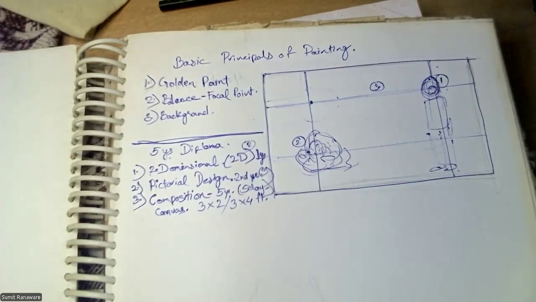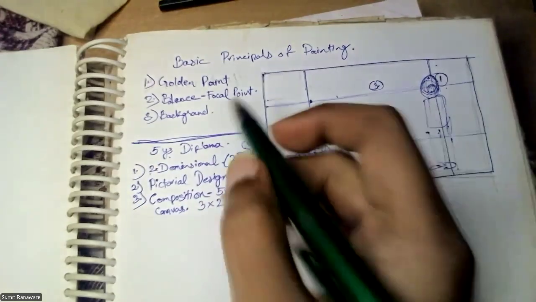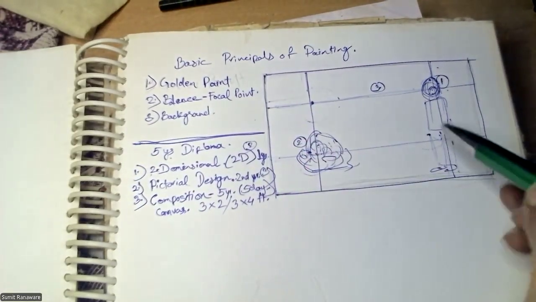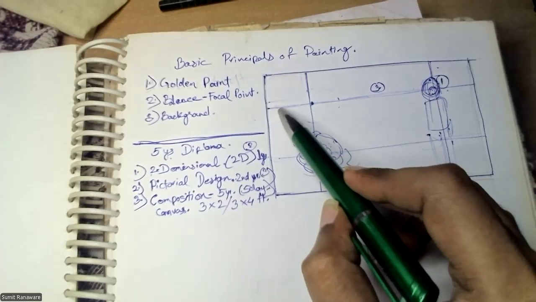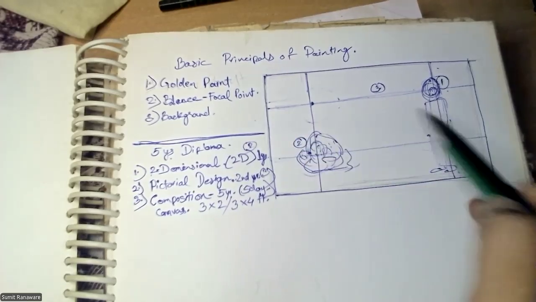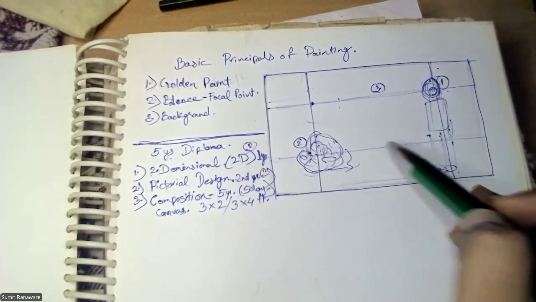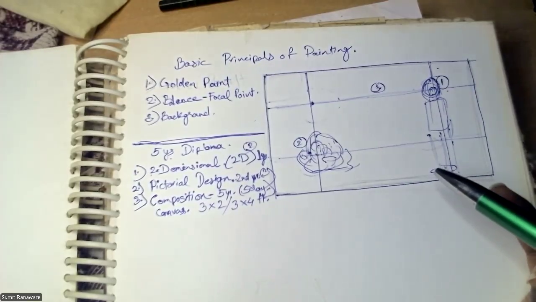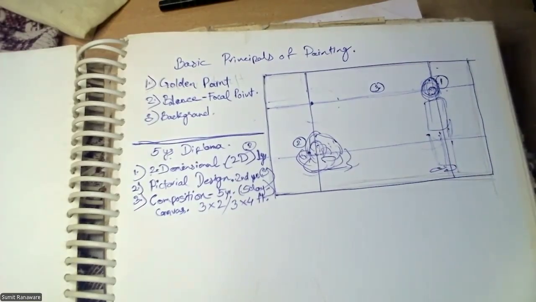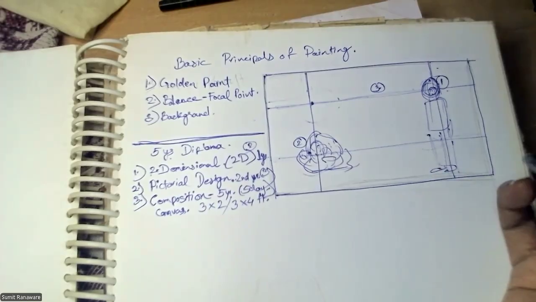Okay. So the first thing to understand is that here is your surface, the rectangle part, and here we have four invisible lines. One, two, three, four. When your viewer or your audience looks at your painting, what are their eye movements?